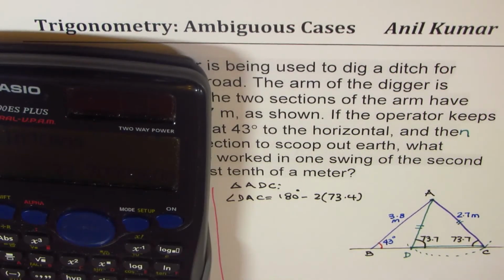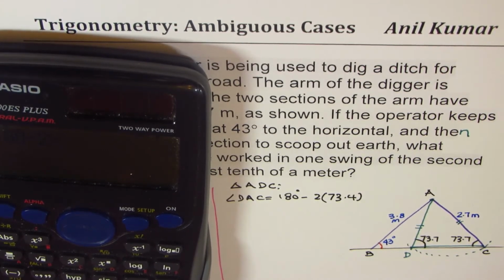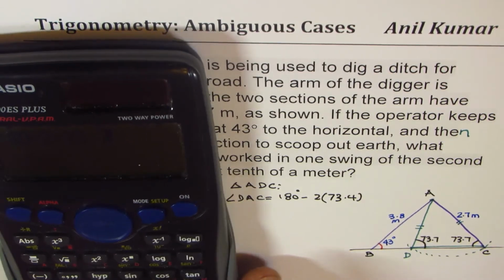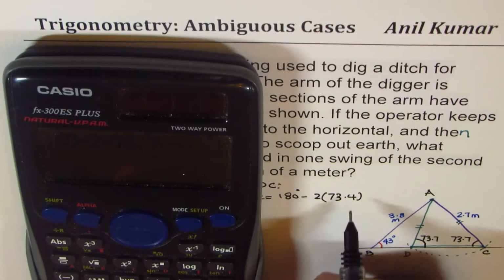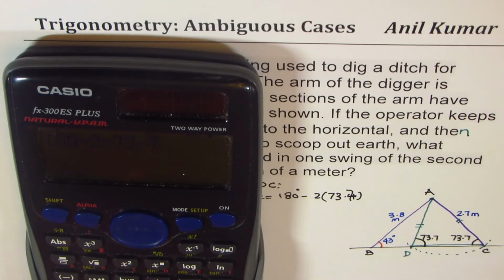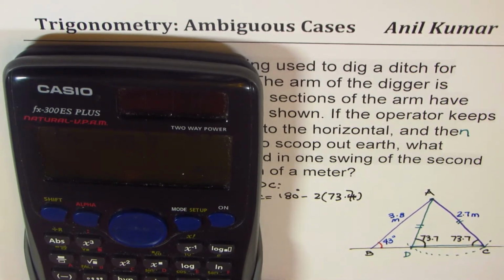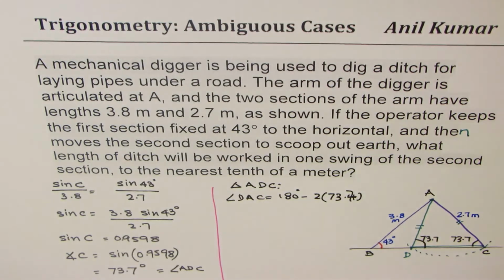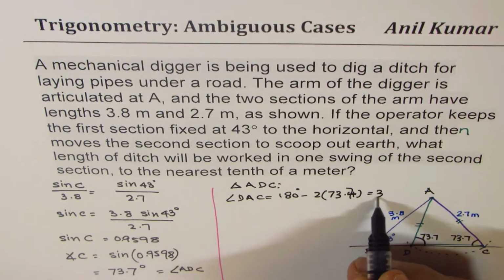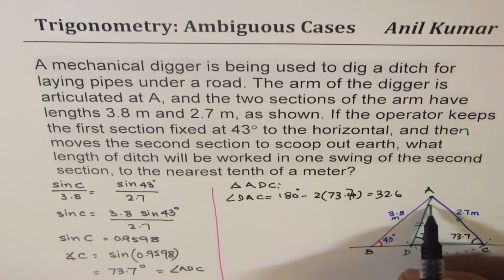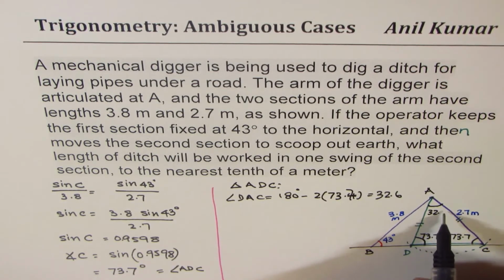So we have 180 take away 2 times 73.7. I think it's 73.7, not 73.4. So that is equal to, in decimals, 32.6. So this angle here is 32.6, correct?